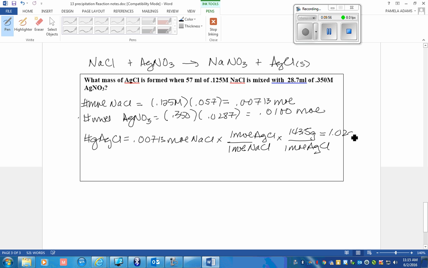So we made 1.02 grams of silver chloride from the NaCl.